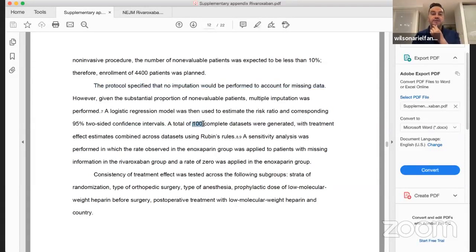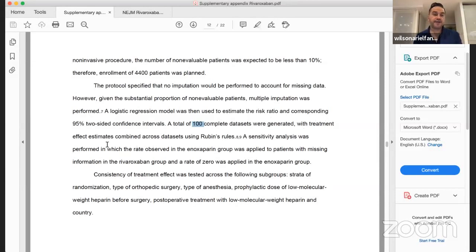Okay, so remember when I said that as a general rule, we should use between 5 and 20 data sets, but because this was a huge clinical trial, 100 data sets is appropriate, I think.